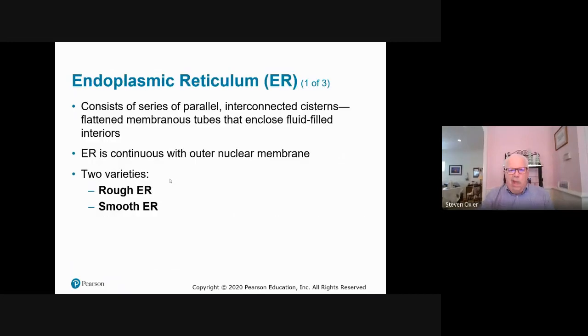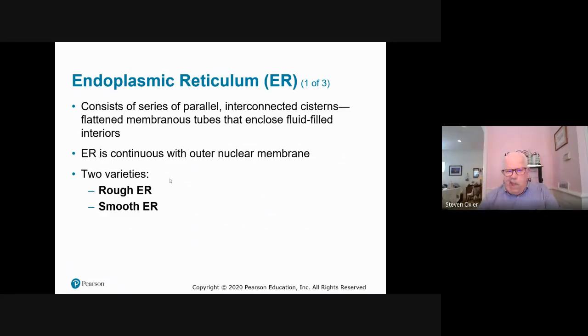The endoplasmic reticulum. The endoplasmic reticulum is a series of parallel, interconnected valleys, and they're flattened membranous tubes. The endoplasmic reticulum is continuous with the outer nuclear membrane. There are two varieties of endoplasmic reticulum in the cytoplasm.